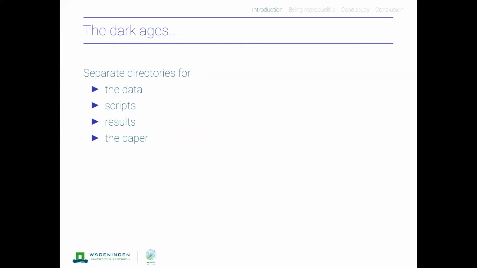But at least in the way that I used to work, I had separate directories for the data, separate directories for the scripts, and then I was collecting the results somewhere, and the paper was in yet another directory, and then I was moving things around and making symbolic links and things like that. And when you start collaborating with people and you have a shared disk, then this problem will become only worse.